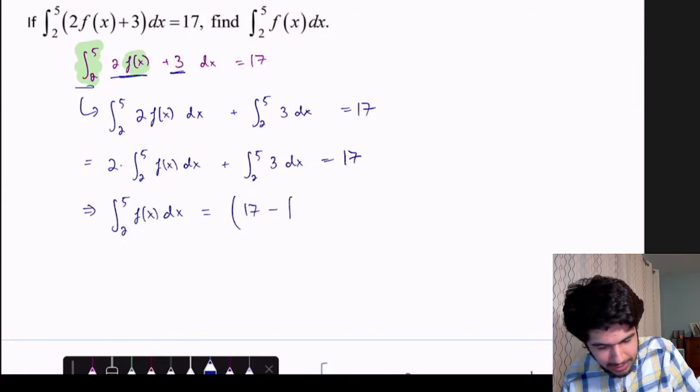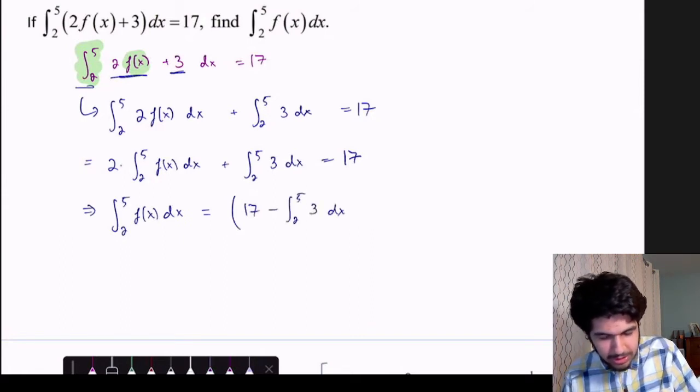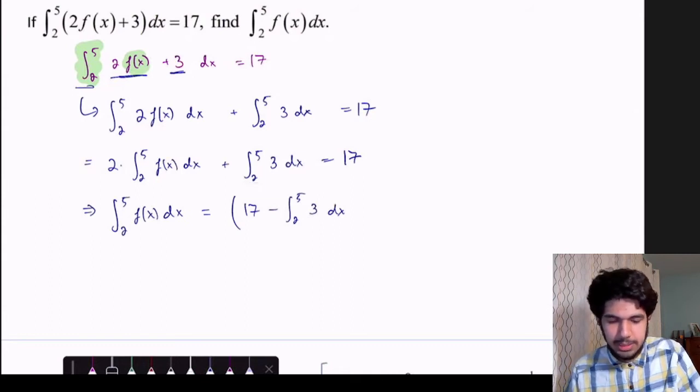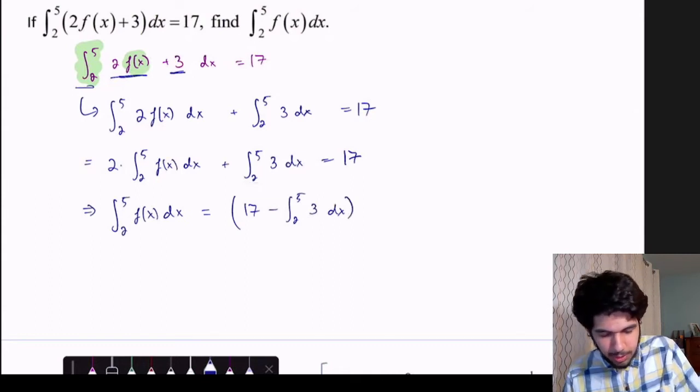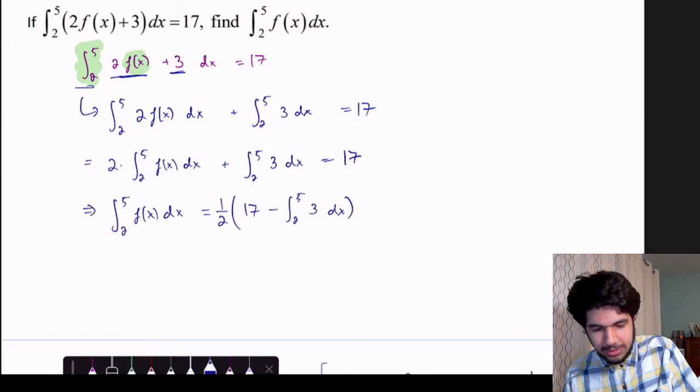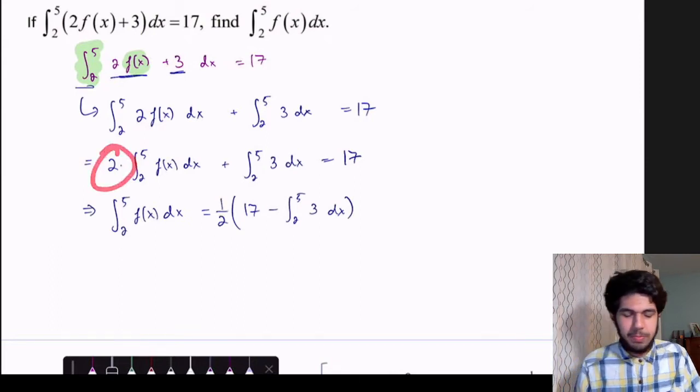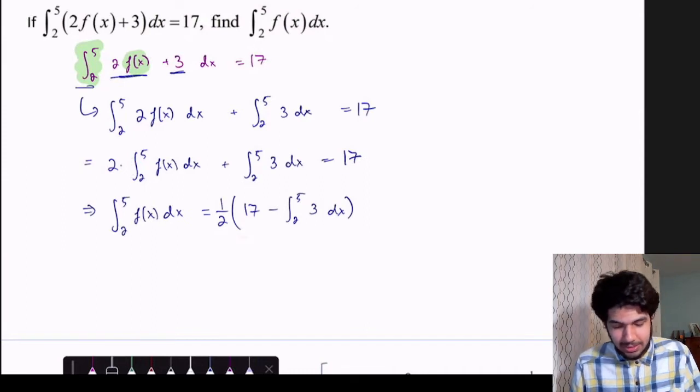17 minus the integral from 2 to 5 of 3 dx. So we're just subtracting this term on both sides. And then we're going to multiply it by a half because we want to get rid of this 2 too. So now let's just solve for this, and that will give us the answer.